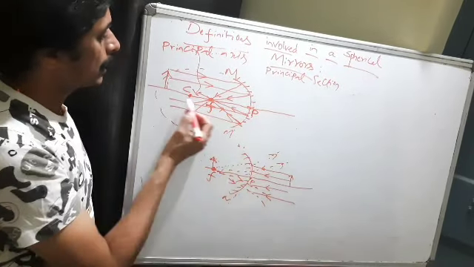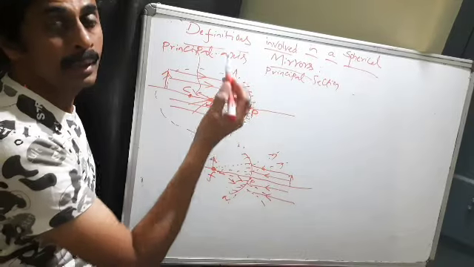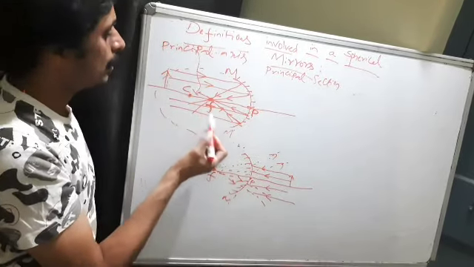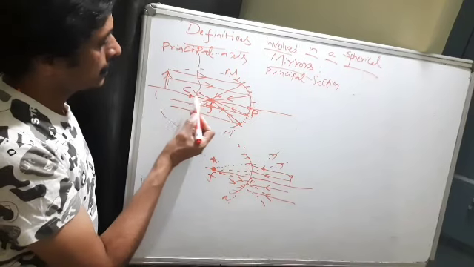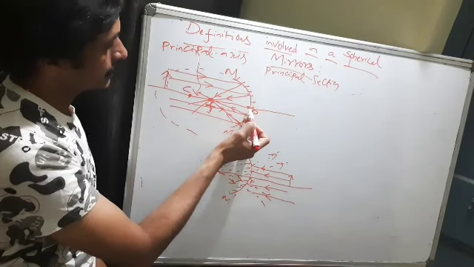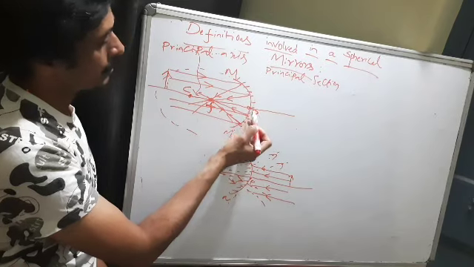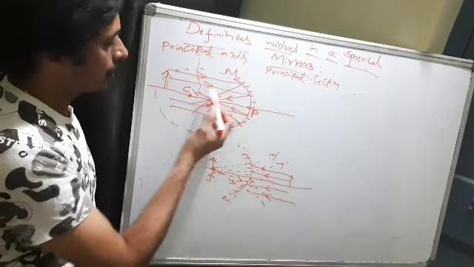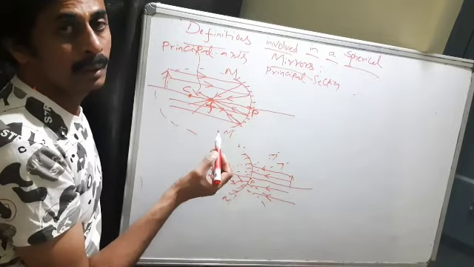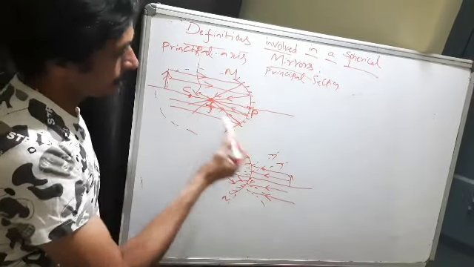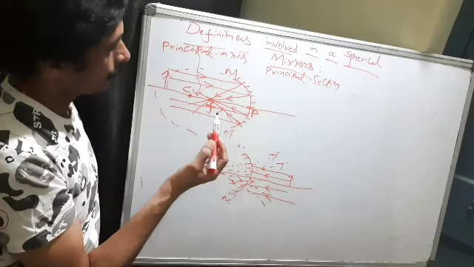This line is called the principal axis. And what do you mean by principal section? The area of the mirror containing the center, principal focus, principal axis, the midpoint of the mirror and a part of the mirror, all these places together are called the principal section.